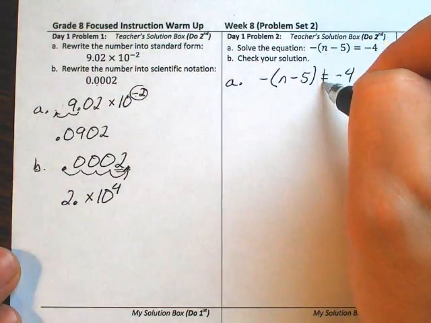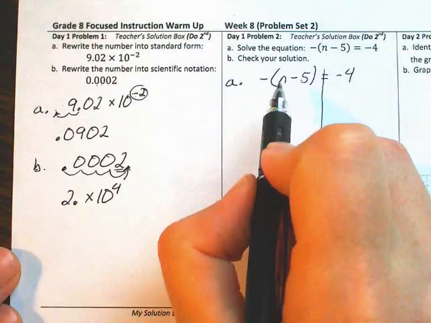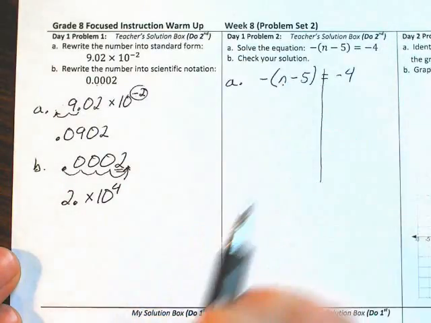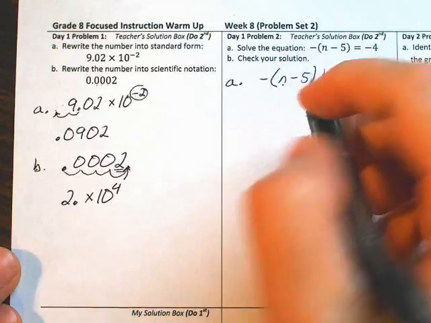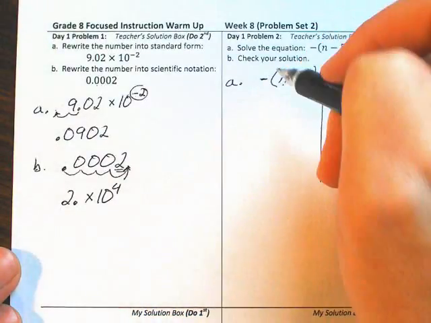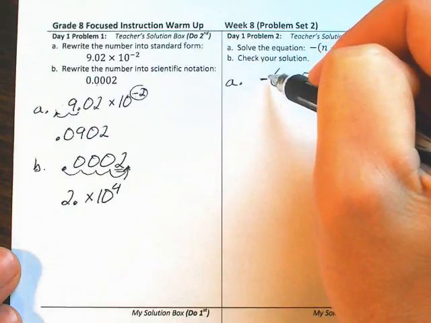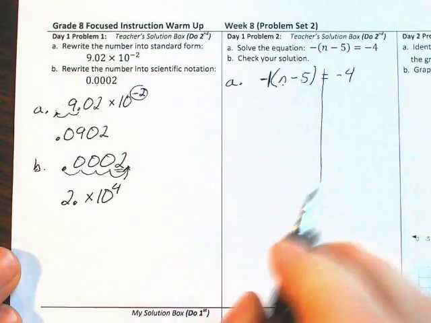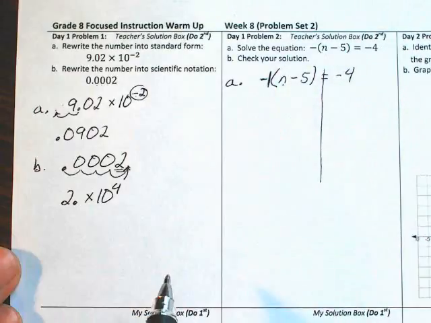I'm going to draw a line downward from the equal symbol. And then we want to work until the letter n is alone on the left side of the equal symbol. In front of the parentheses is a negative sign. There's not a number here, but it would be like having -1 of these. And so the number in front of the parentheses we can assume is -1.